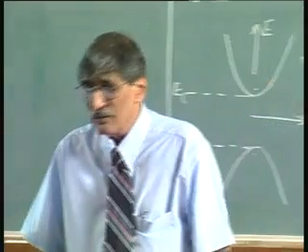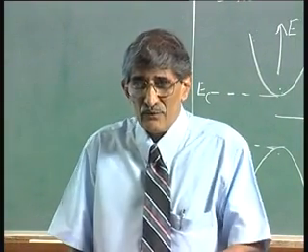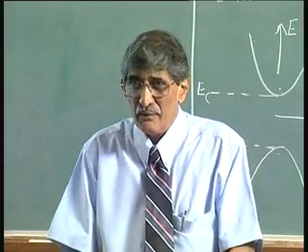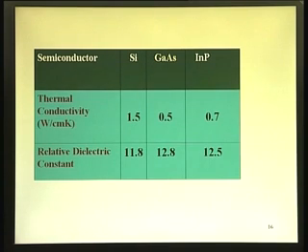Better thermal conductivity. Mobility is not bad, but it is not good either, but if you are not interested in higher speed, but power, then silicon carbide is a good candidate. But gallium arsenide, you can see it has that problem of the thermal conductivity being slightly smaller. Relative dielectric constant is not much different: 11.8, 12.8, 12.5, almost around that.